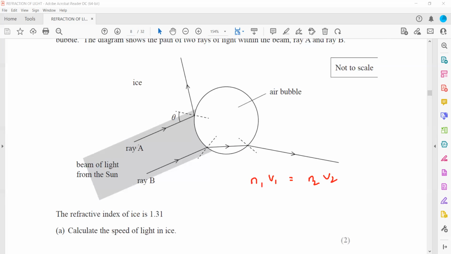The refractive index of air is 1, and the speed of light in air is 3 into 10 to the power 8. The refractive index of ice is 1.31, and the speed in ice we don't know. So it will be 3 into 10 to the power 8 divided by 1.31. When we divide, this gives us the speed in ice, which is 2.29 into 10 to the power 8 meters per second. This is how we work out the speed.